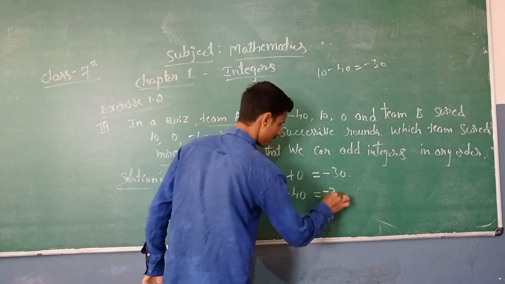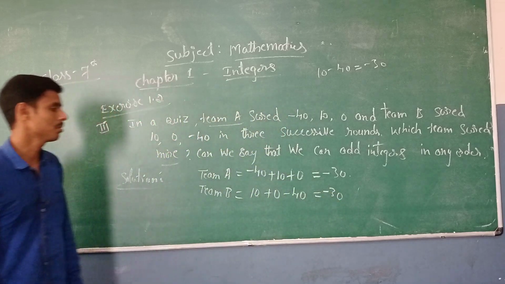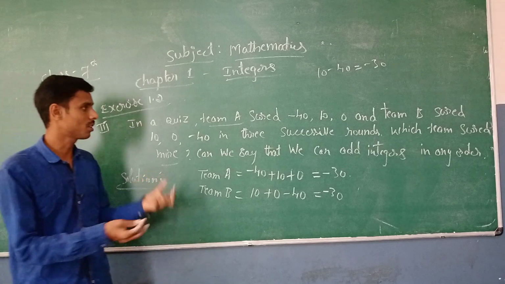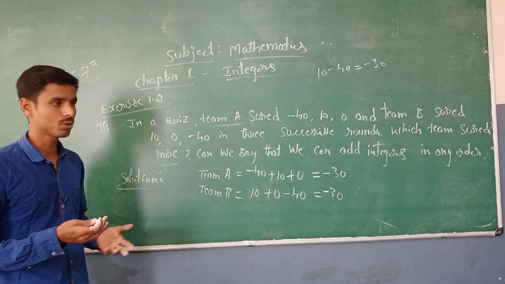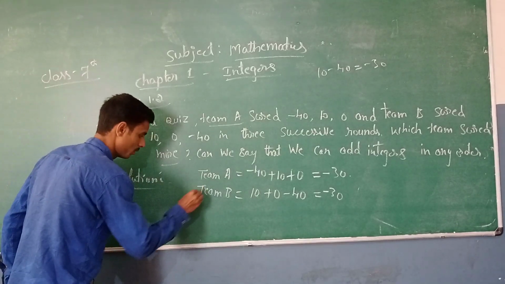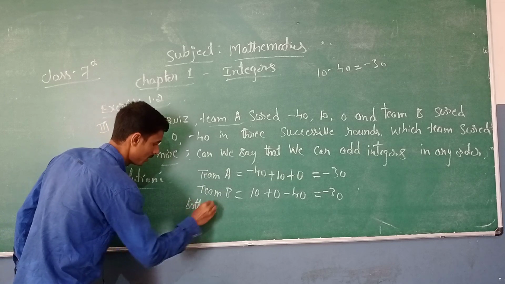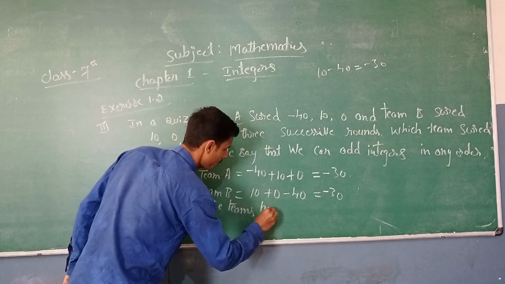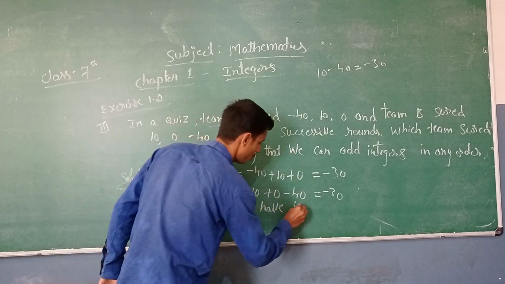So -30. Both the teams have the same score, right? So we can't say which team has scored more. So both the teams have the same score.